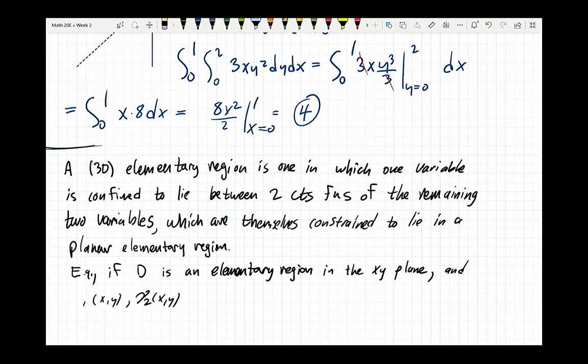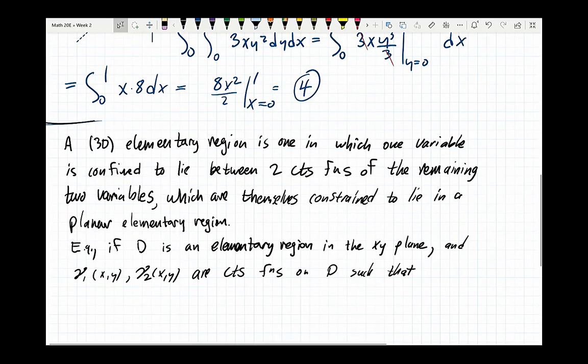It looks like a nu. It's not supposed to be a nu. That's a gamma, a lowercase script gamma. So gamma 1 and gamma 2 are continuous functions on D such that one is less than or equal to the other.